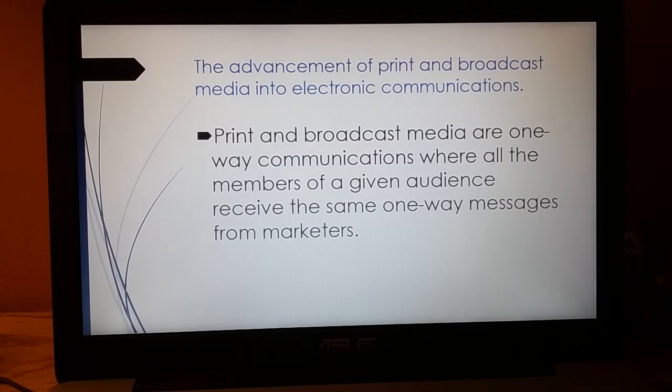Okay, so the advancement of print and broadcast media into electronic communications. They receive one-way communication for messages for marketers, and that's something that people have been trying to change. Print and broadcast is really trying to adapt with the times, and some of them are doing better than others.